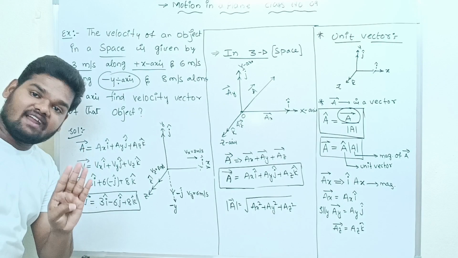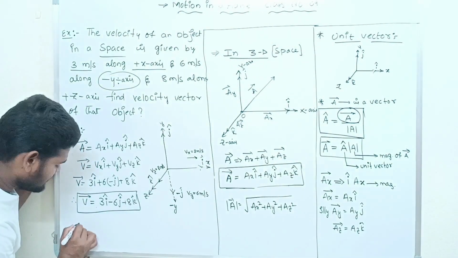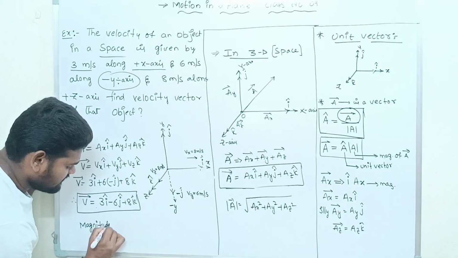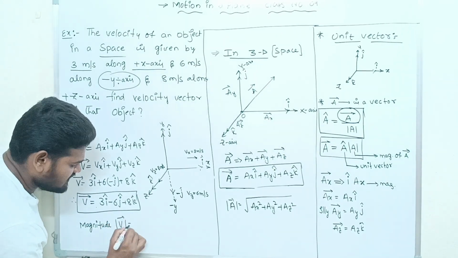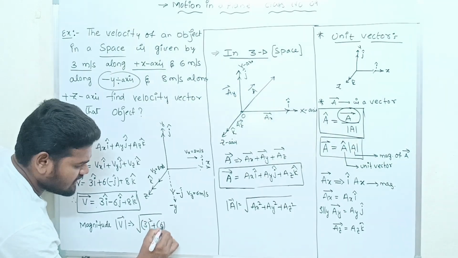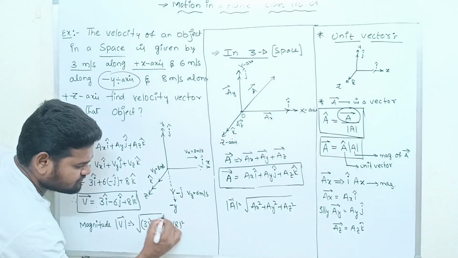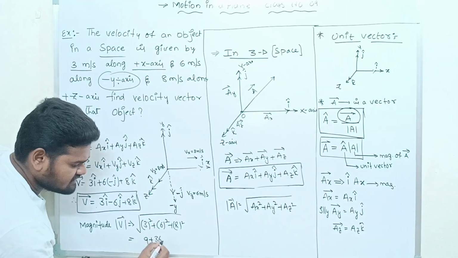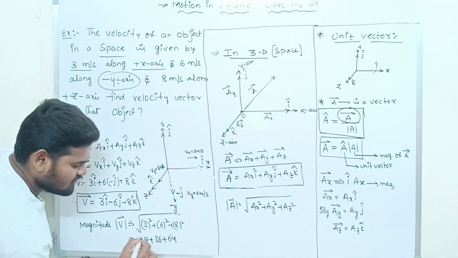Is it clear? Any doubts? Right. So if you want to find the magnitude of the velocity, the magnitude of the v bar vector is equal to the square root of 3 square plus 6 square plus 8 square. So 3 square is 9, 6 square is 36, plus 8 square is 64, under root.